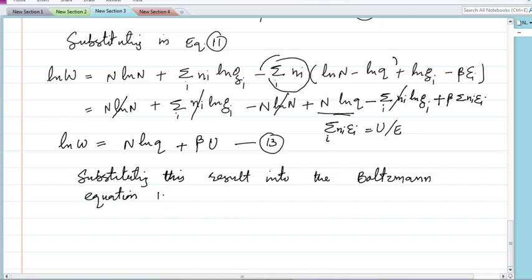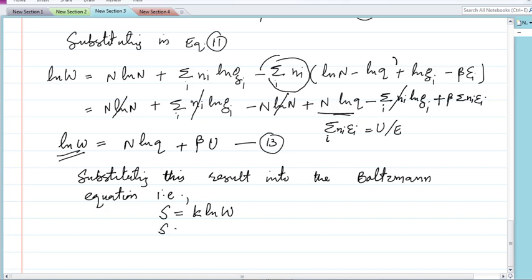Simple Boltzmann, that means we know that entropy S is related to k ln W. This is the simple Boltzmann equation. So in place of ln W, we will use equation number 13 here.